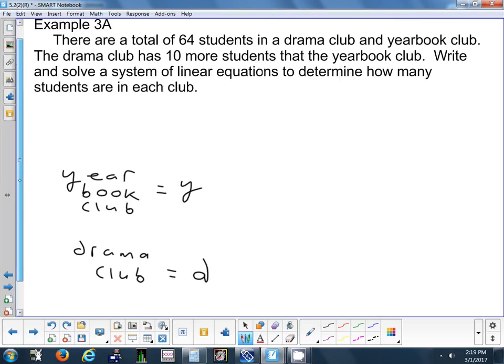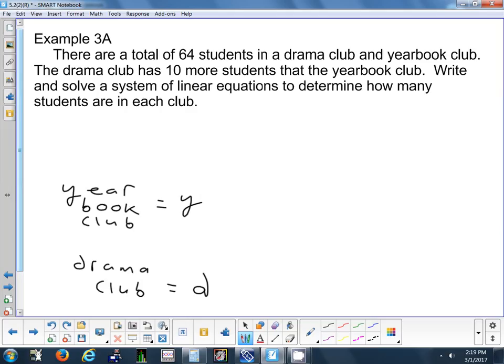Okay, let's look at the first sentence. There are a total of 64 students in the drama club and the yearbook club. What does that mean? A total of 64 students. Yeah, all together. So when you find out all together, how do you do that? What would be the 2 things you would add up?